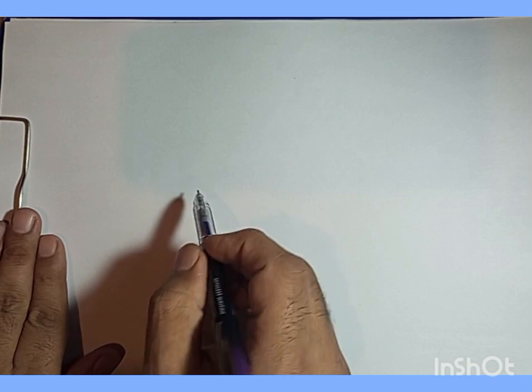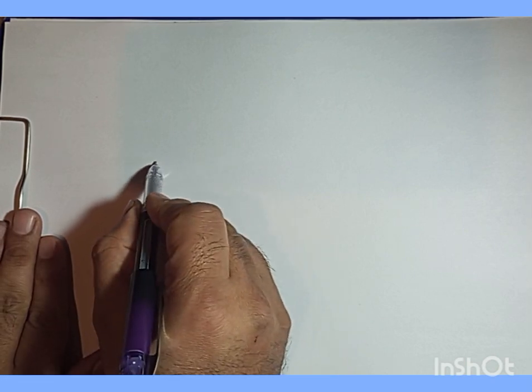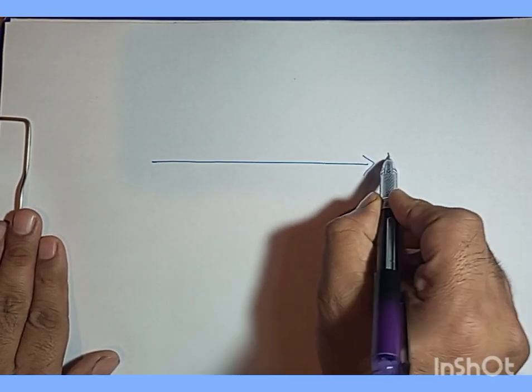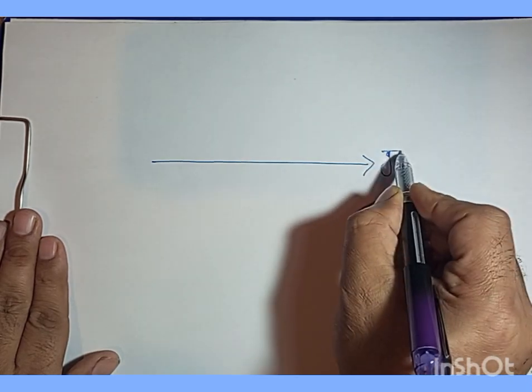So what I would like to demonstrate here is that I have mu. No, I'll take this as the J vector.